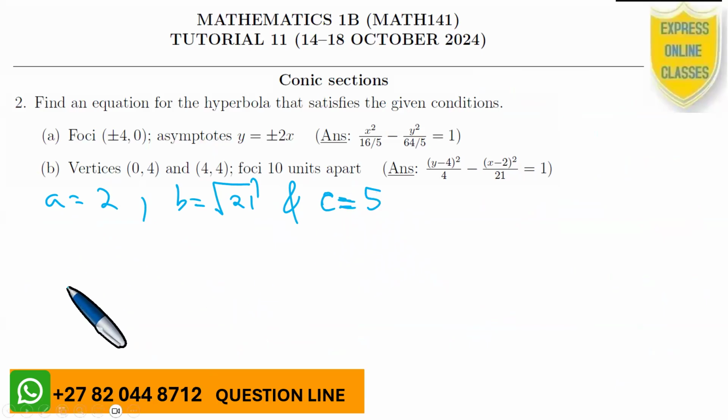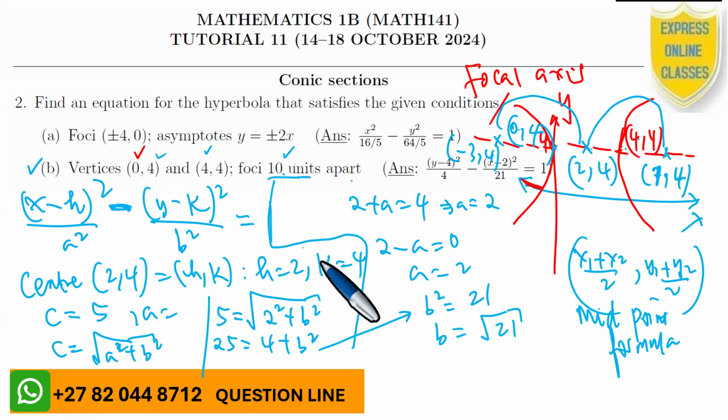So you come to the equation, and you found the center.